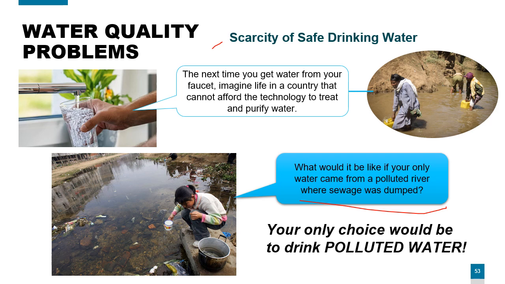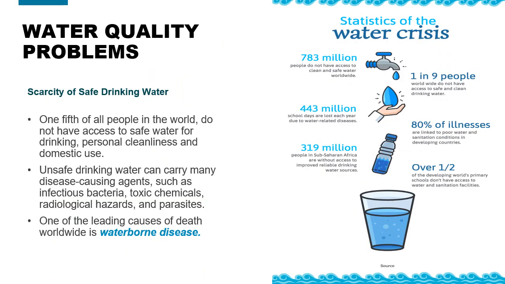Of course, wala. Without knowing any technology na pwedeng mag-purify ng water, of course, maaari kang magkasakit. But if you have already technologies that could actually turn this polluted water into clean water, then you can survive. Okay?